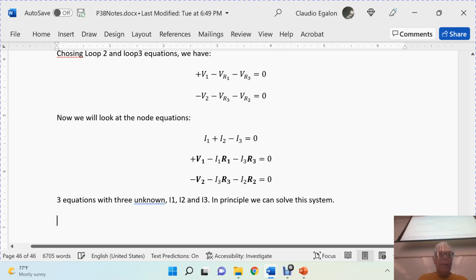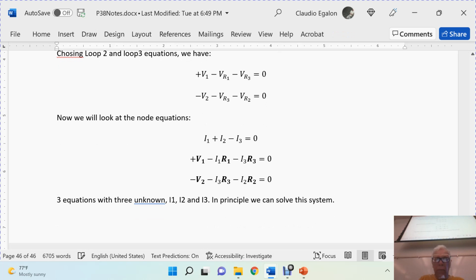And how do we do that? We eliminate the unknowns little by little until we find one of them.